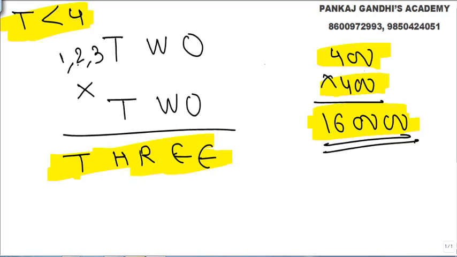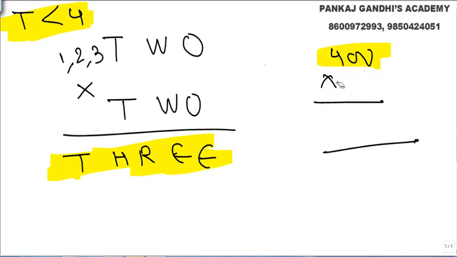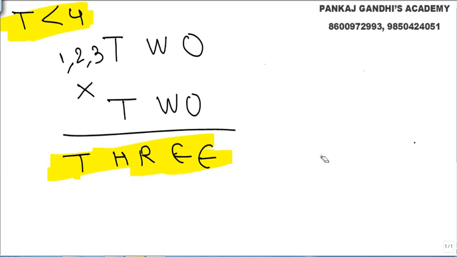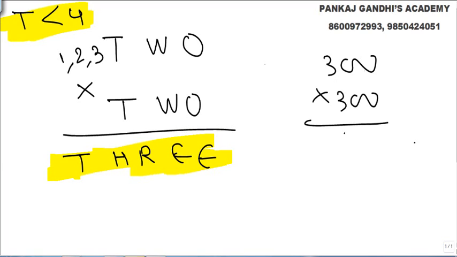Now let's check out what is possible. T is 1 or 2 or 3. If we take T as 3, let's check it. If T is 300 something, 300 into 300 is going to be 90,000.